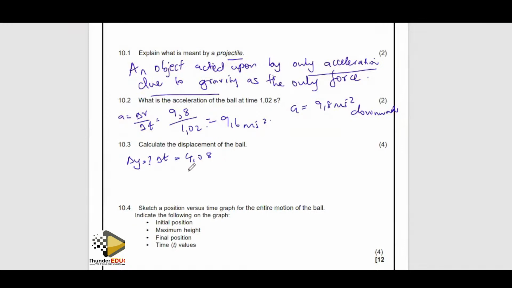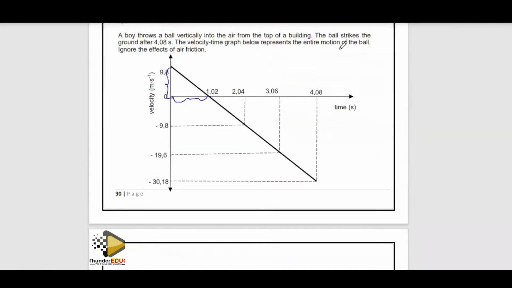So I'll say delta y is the same as vi delta t plus a half a delta t squared. Our initial velocity was, is it 0? No, it was 9.8. The starting velocity was 9.8.